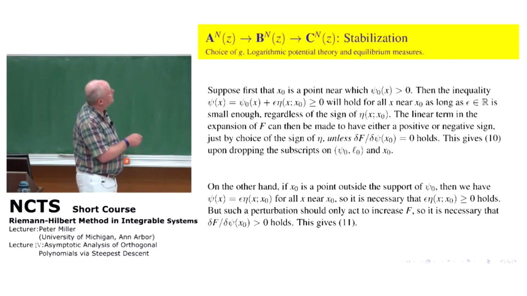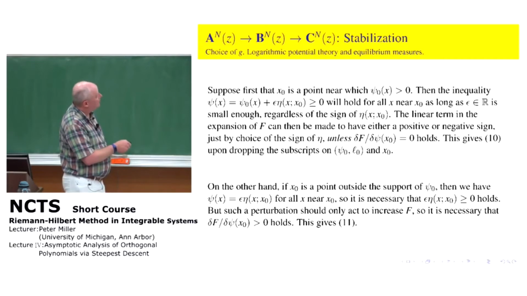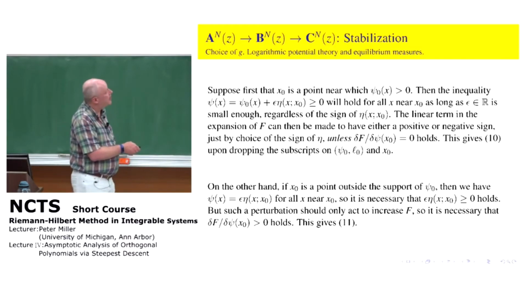So the linear term in the expansion of f can be made to have either a positive or a negative sign just by choosing the sign of the test function eta, unless the variational derivative of f with respect to psi is 0 at the point x naught. So if x naught is in the support, I need this to hold true, and this gives us the equilibrium condition that we had in our, well, let's see what 10 is. Let's remind ourselves what that is. That gives us this condition here. So x is a point in the support. And remember that de d psi minus L is just the variational derivative of that modified functional f.